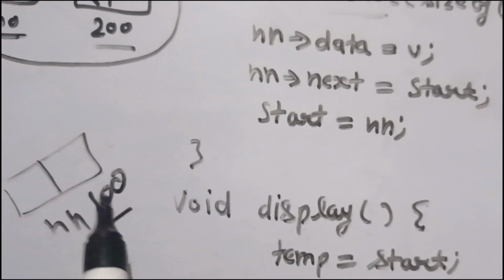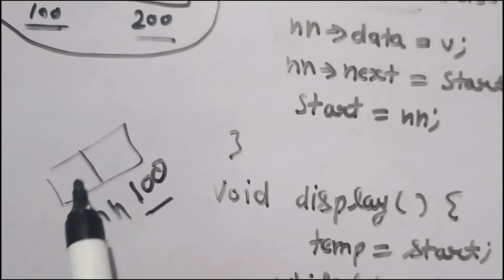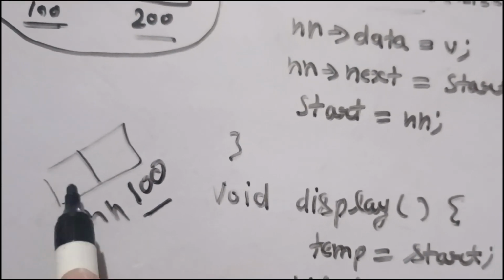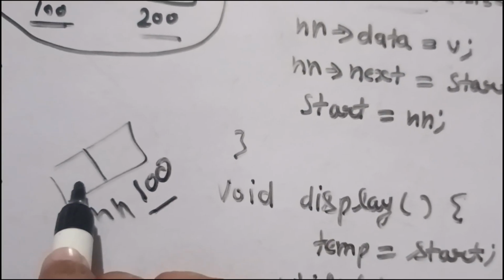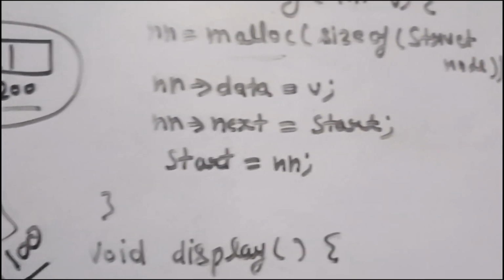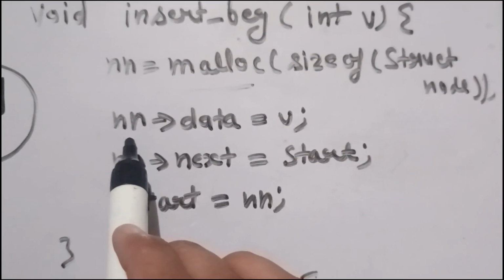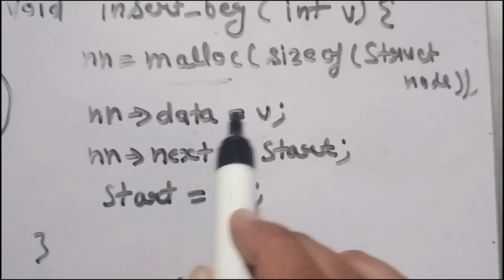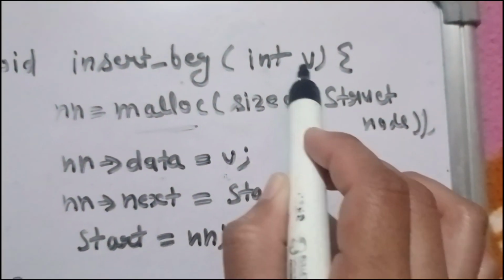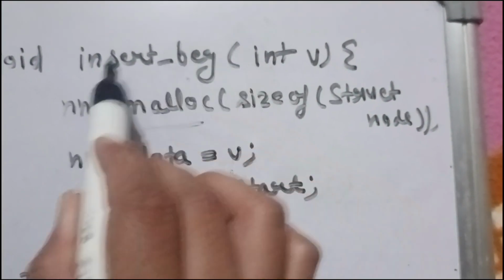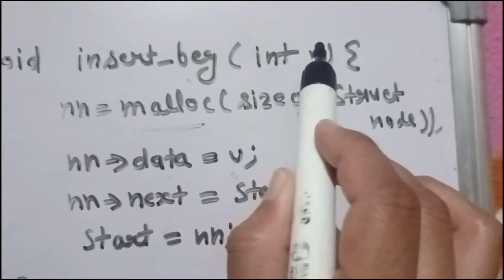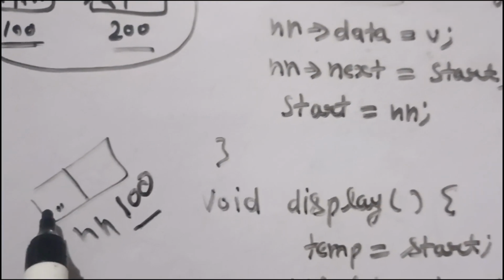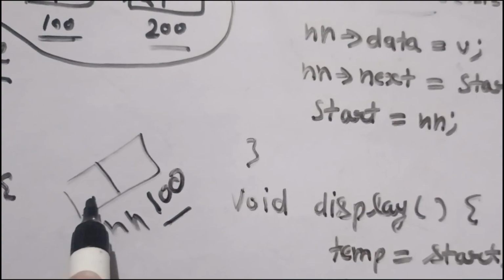Okay, now we are going to insert a value in this node. Here in the data part we are going to insert an integer value. So how can you insert? Simply write nn arrow data is equal to v, because when the user calls this function, the value the user gives will automatically come in this part.